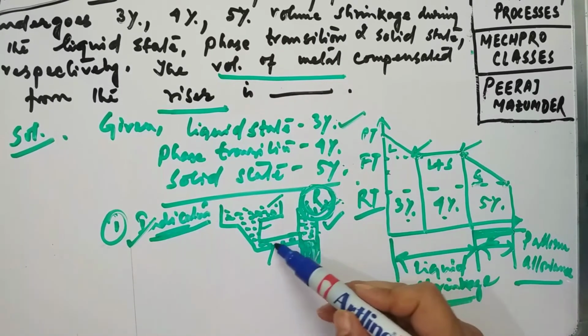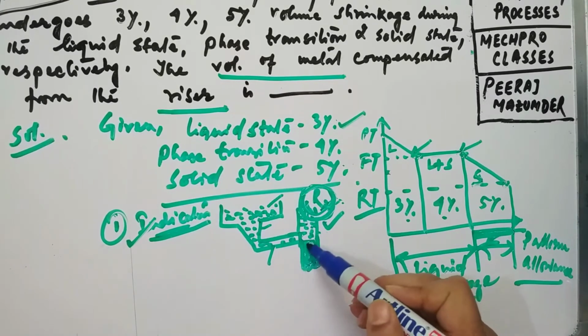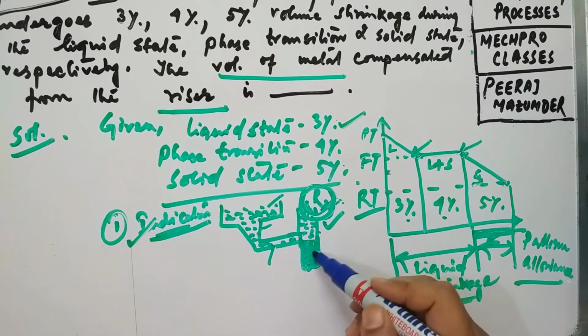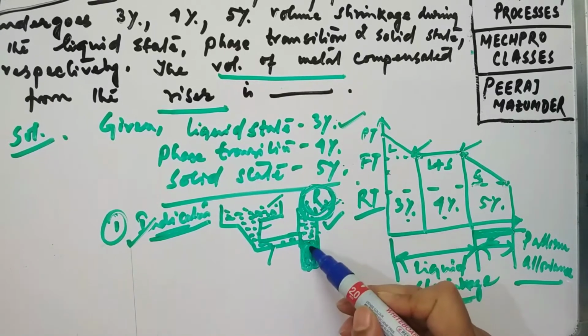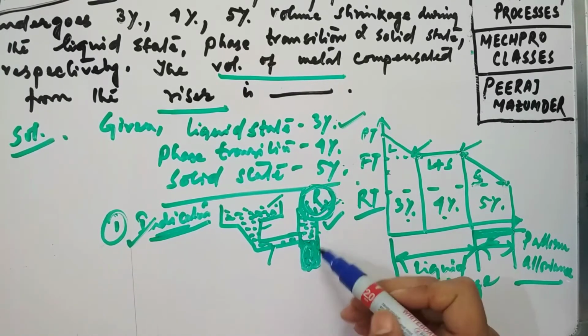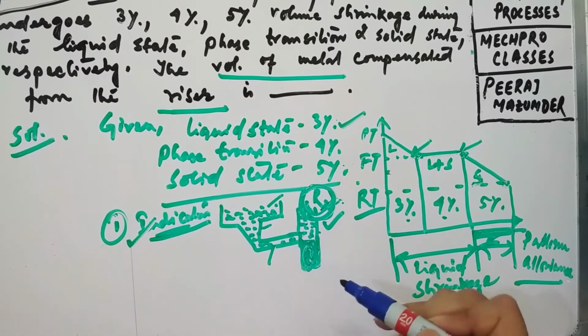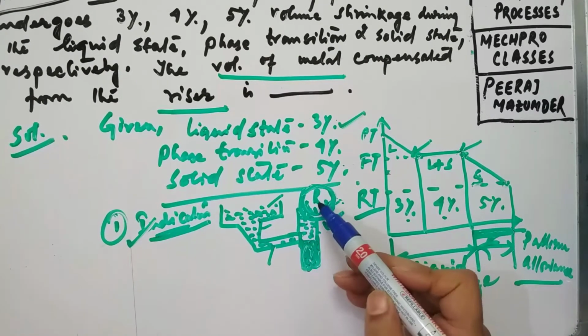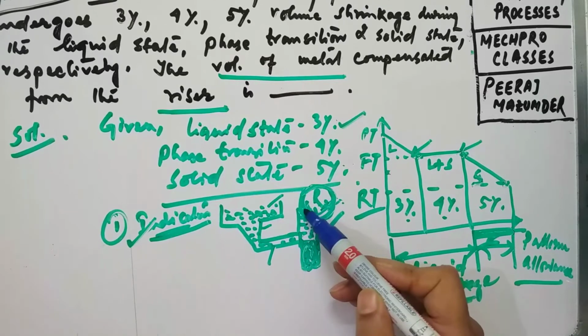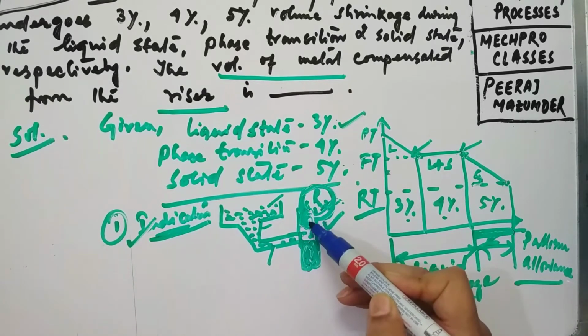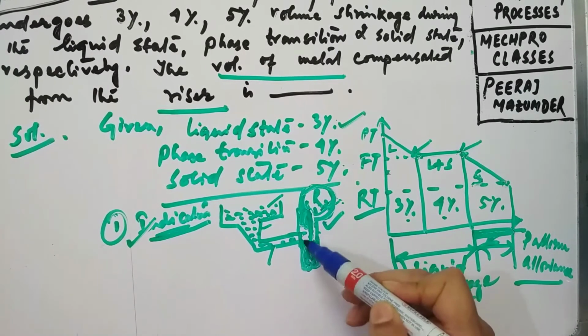What happens when the molten metal is poured into this particular mold cavity? What happens if at the liquid state it shrinks, or there is need of extra molten metal? The riser provides the adequate amount of molten metal from this direction to this direction.